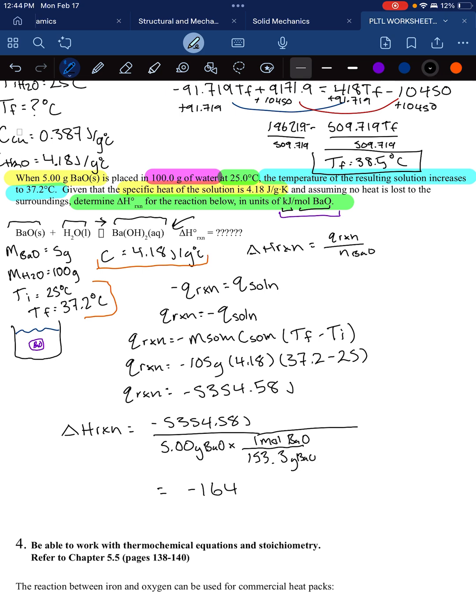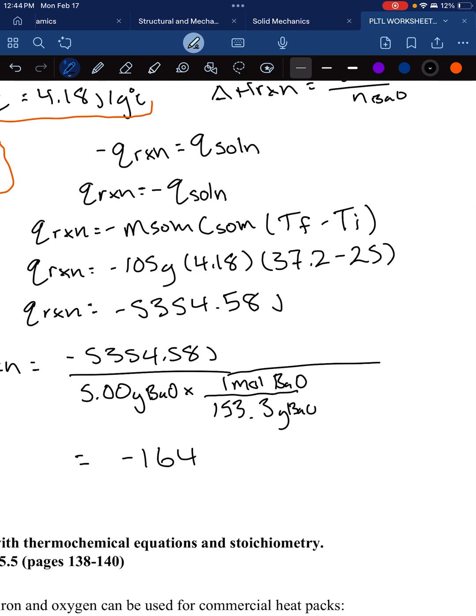Let me put it in real quick again. I think I made a mistake. Okay, I fixed it. 171.42 joules per mole barium oxide.